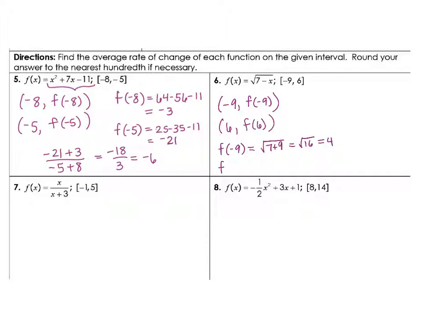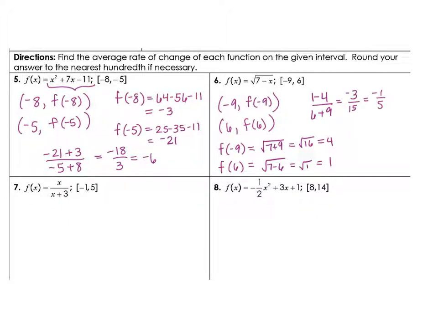And then f at 6, we're going to have the square root of 7 minus 6, which is the square root of 1. So that's going to give us 1. So now we're ready to do our slope formula. And again, we are going to have 1 minus 4 over 6 minus a negative 9. And so that's going to give us negative 3 over 15. So we should have a negative 1/5.